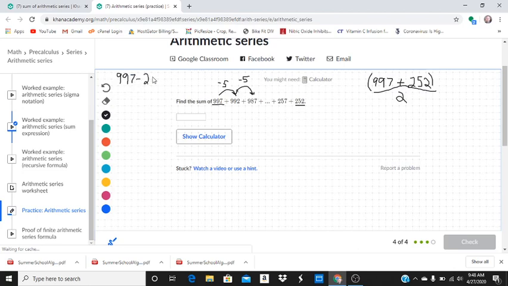So I'm going to subtract 252, divide by 5, then add 1. If you want to try it the other way, take 252 minus 997, divide by negative 5 and add 1. You come up with the same answer.